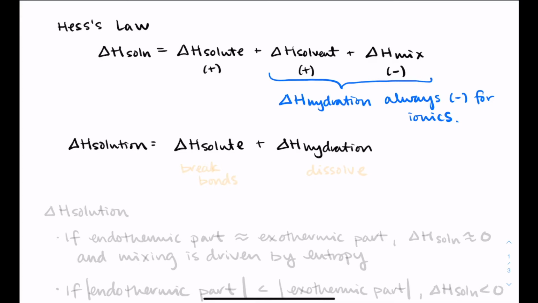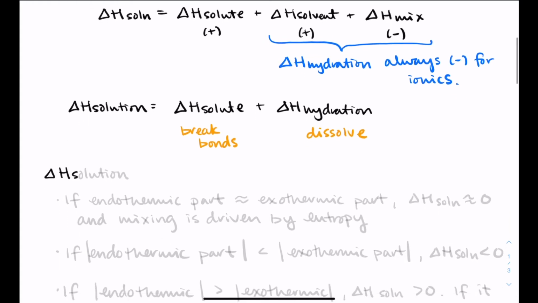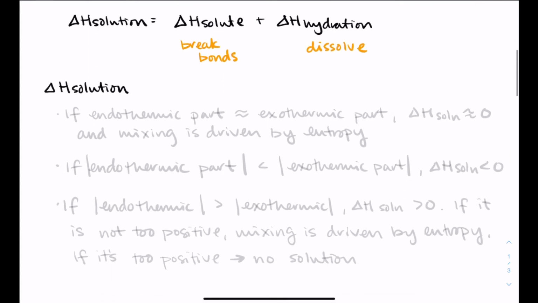Delta H of hydration is where you dissolve the pieces. So we've got one thing that is endothermic, breaking the bonds. If we have an ionic compound, we have something negative. We don't know how negative it is, and on occasion we will have something positive if it's not an ionic compound. We're going to generally think about it as the endothermic part and the exothermic part.